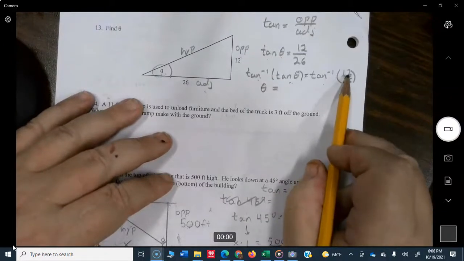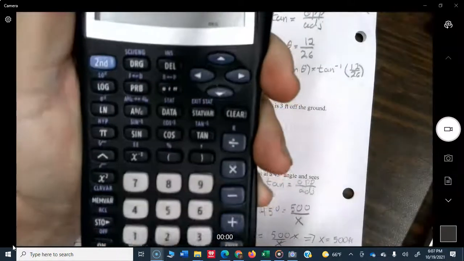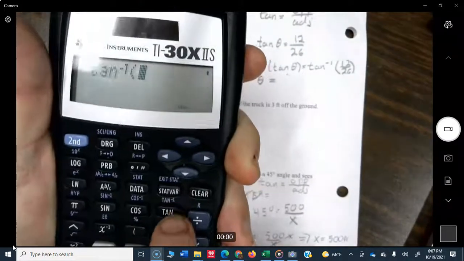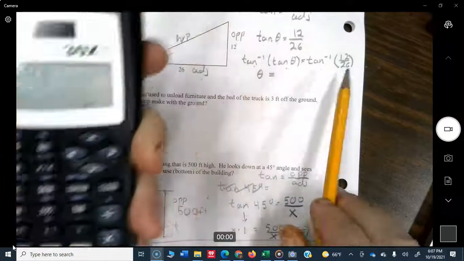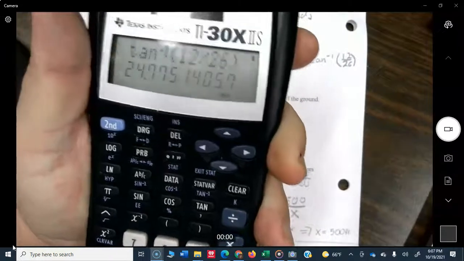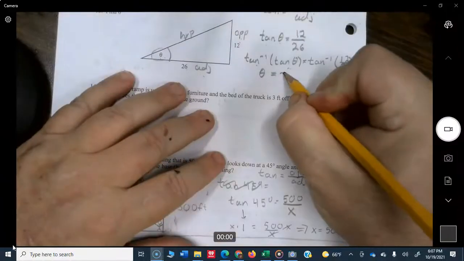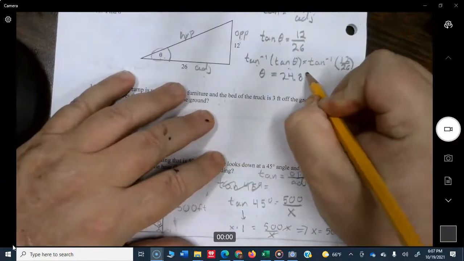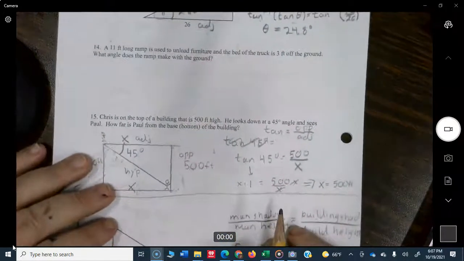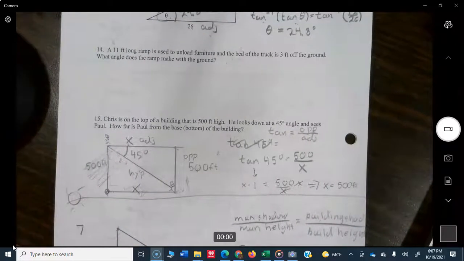So the way you solve that is you hit second and tangent, and you see the light blue above it is tangent minus 1, inverse. And the numbers are 12 over 26. Close the parenthesis, and you get your answer, 24.8 degrees if we round it. That's this angle.